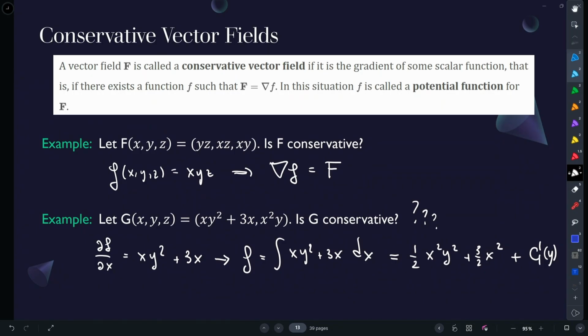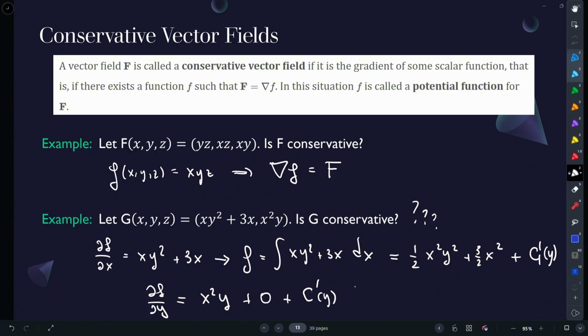So now take a derivative of what I just found with respect to y, and what do I get? I get x squared y plus, and the derivative of this other term with respect to y is 0, so plus 0, plus the derivative of the function of y. I don't know what that function is, but it's some function.